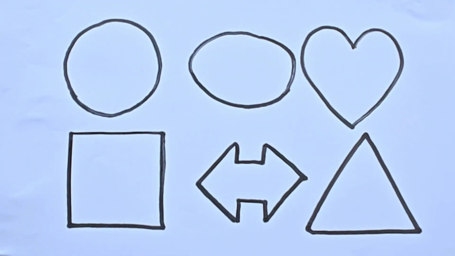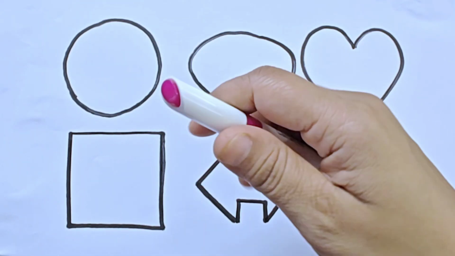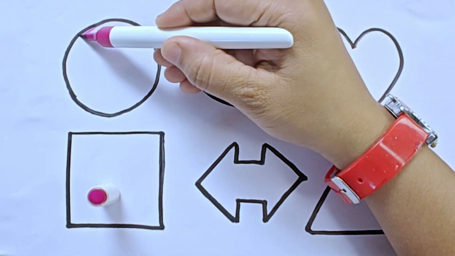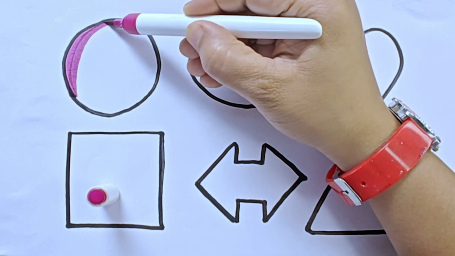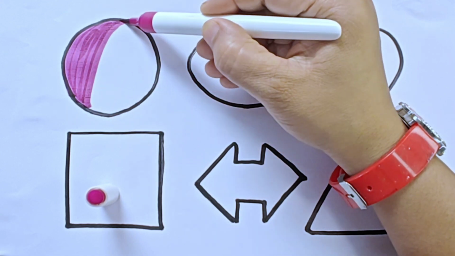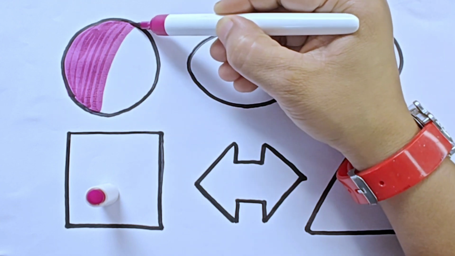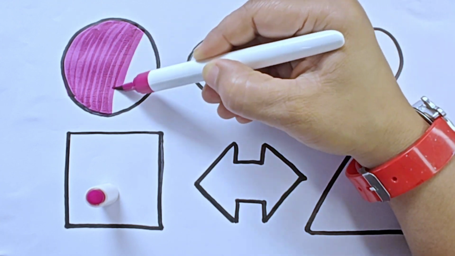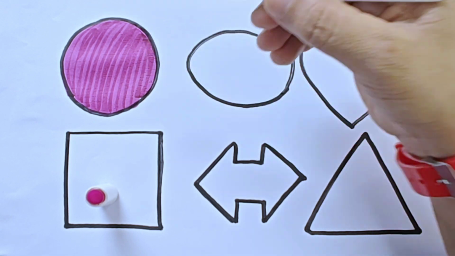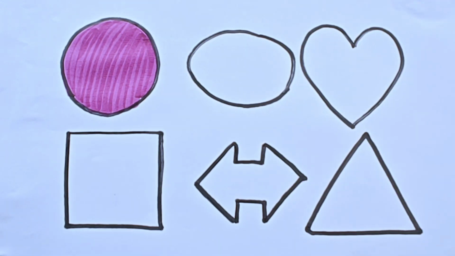Let us color the shapes. This is purple color. It is circle.